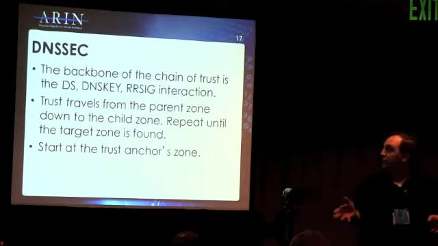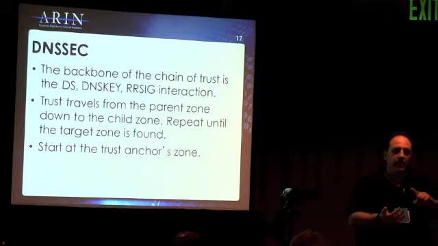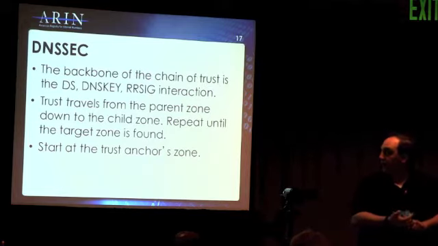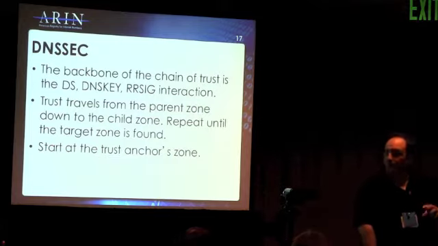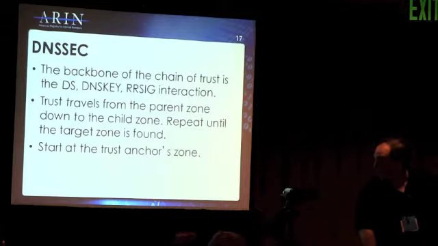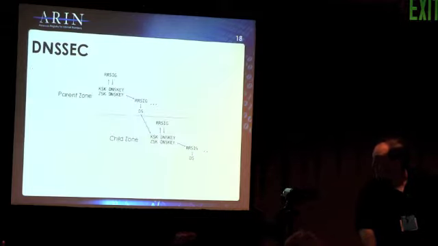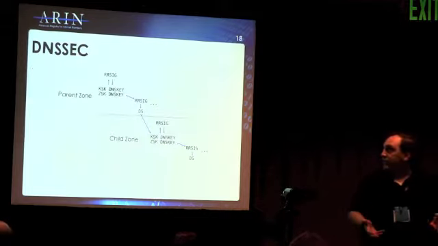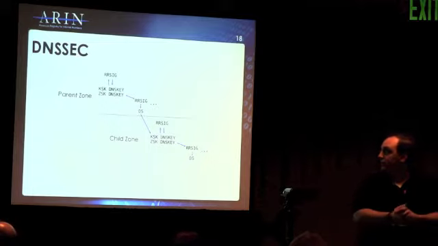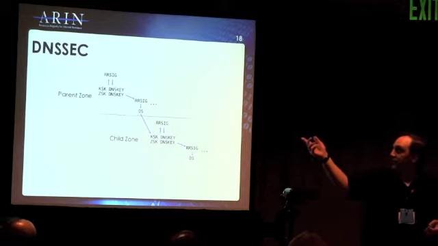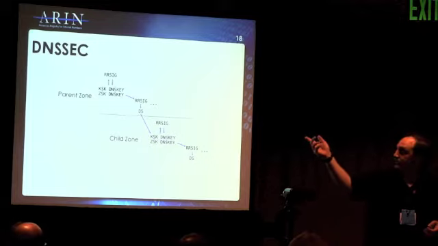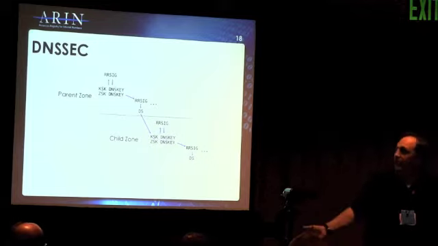The backbone of this chain of trust is the DS, DNSKEY, and RRSIG interaction. The trust travels from your secure entry points down to the target name. This is a very simplistic description of it. You choose the root KSK as your trust anchor.